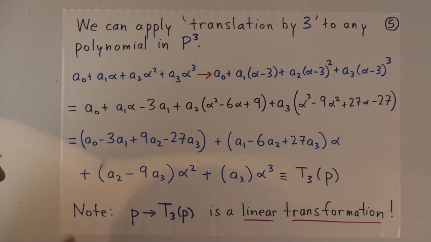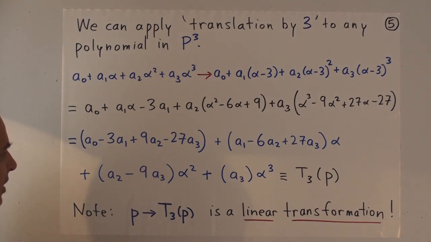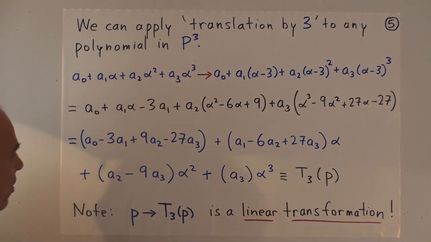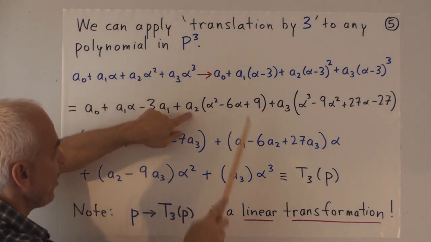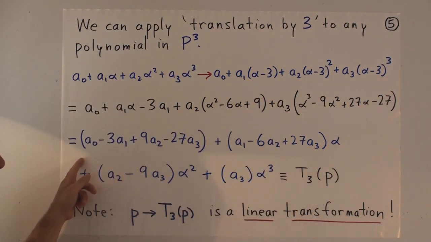Alright, so let's look at that. We want to write that as a polynomial. So it means we want to group together all the alpha terms of the same degree. So here are all the terms that don't involve any alpha at all. Right here, this term, the a2 times 9 and the a3 times minus 27. There it is right there.